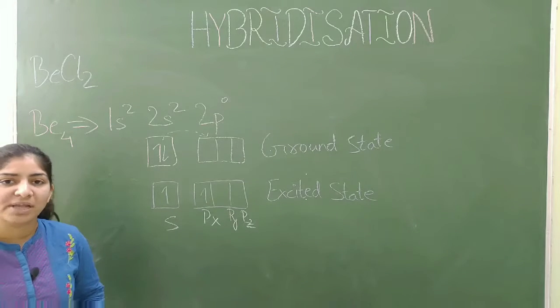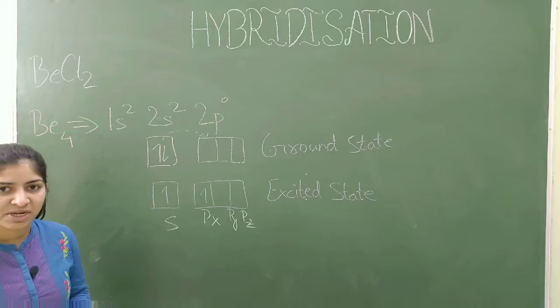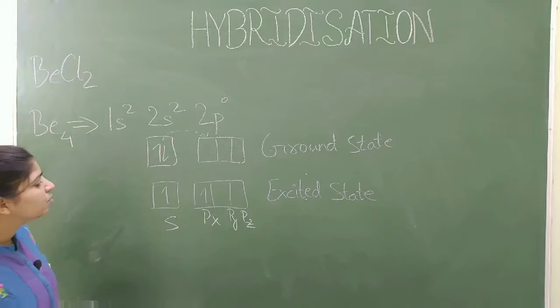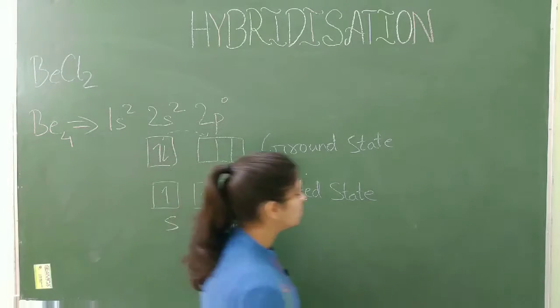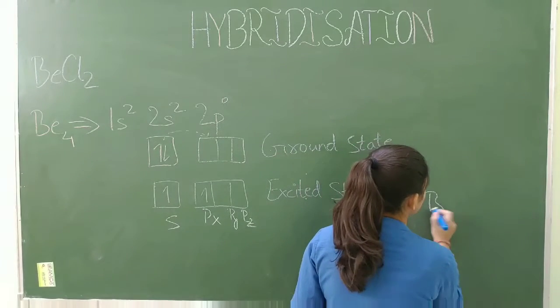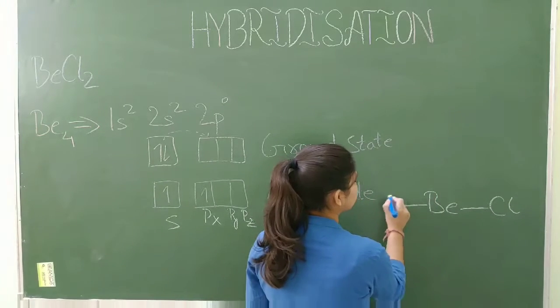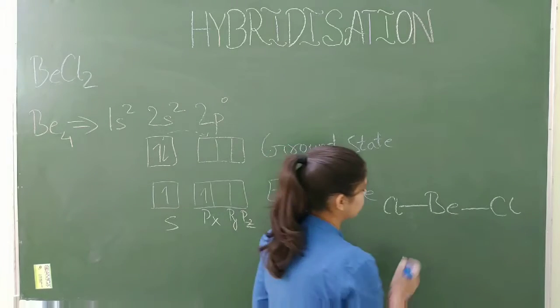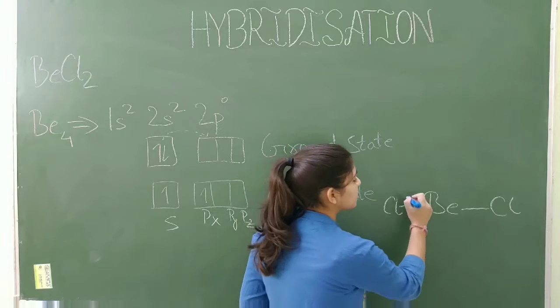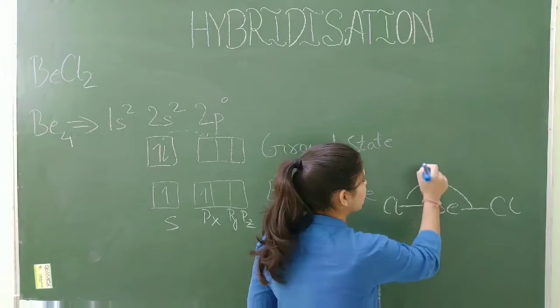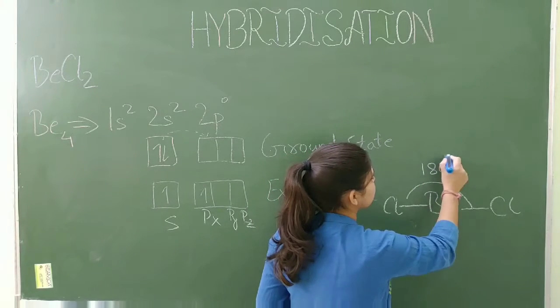And according to valence bond theory, total number of unpaired electrons is equal to total number of bonds formed. So BeCl2. In case of BeCl2, total number of bonds formed by beryllium is 2. And the bond angle between the 2 hybrid orbitals is 180 degrees.